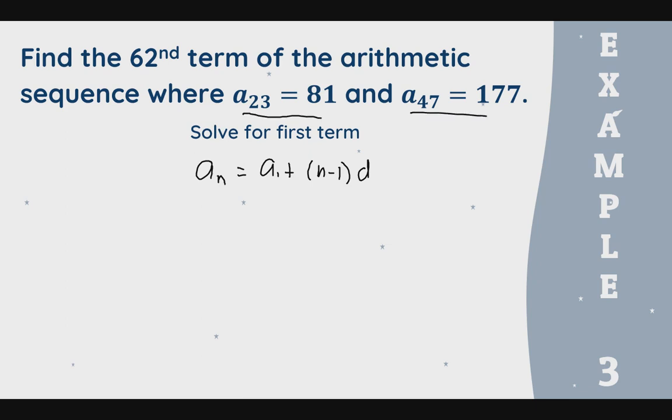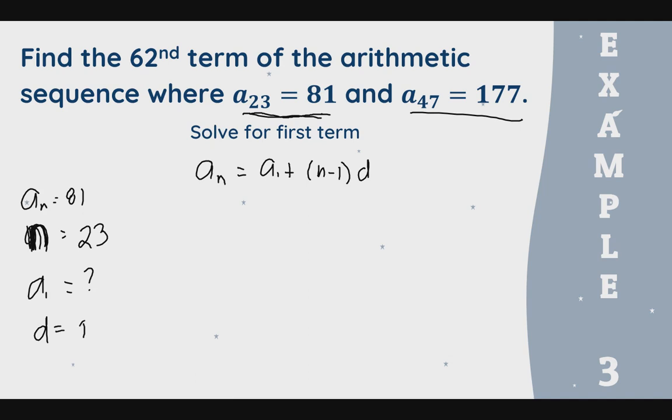But to make our life easier, let us choose the smaller one, which is a sub 23 and 81. So our a sub n is equal to 81. Then our n is equal to, very good, 23. Still, we are looking for a sub 1. We will just use this formula, and our common difference is 4.